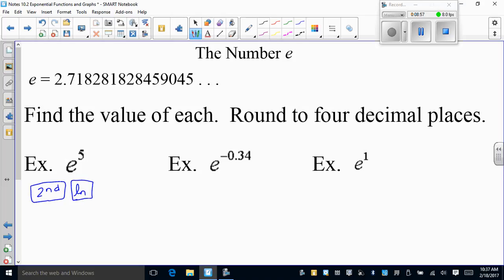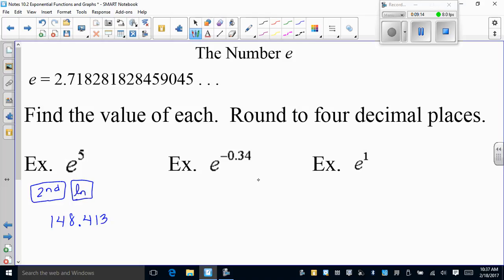And e to the 5th is going to be 148.413. You should be doing 3 or 4 decimal places. Oh, it says 4 decimals, and I only wrote 3 on this one. Oh, well, we'll have to deal with it.